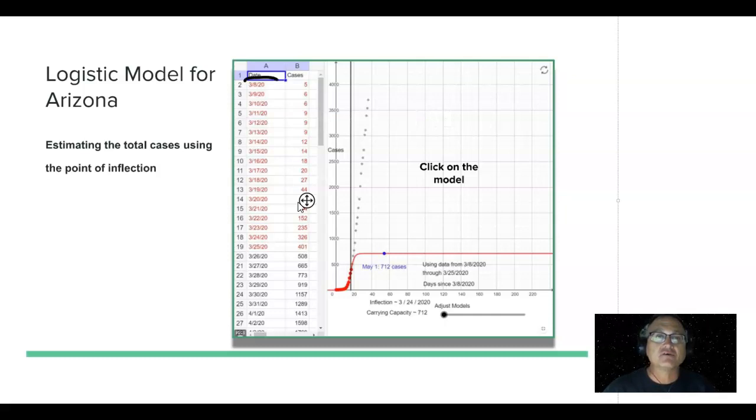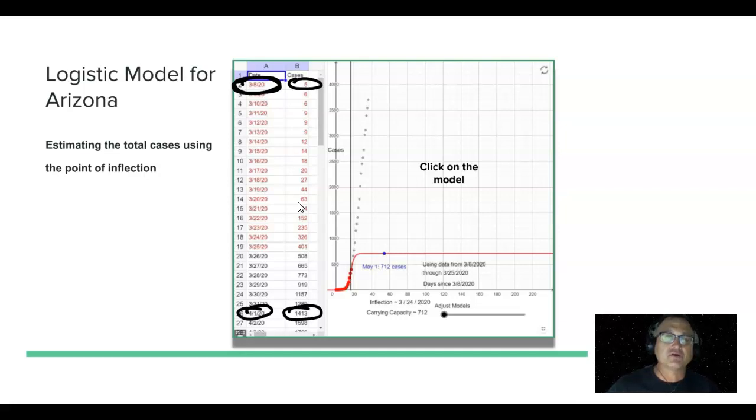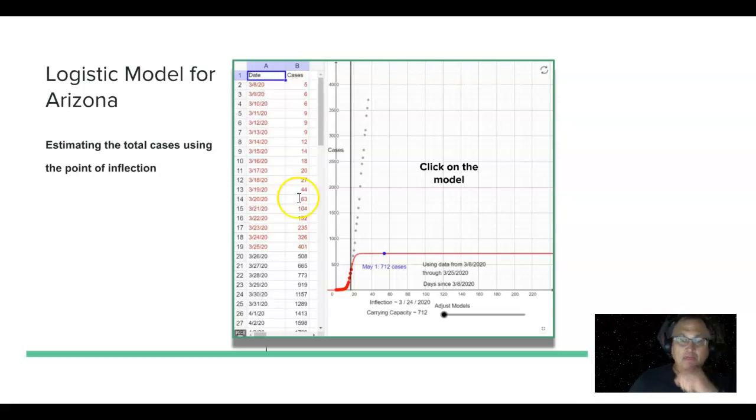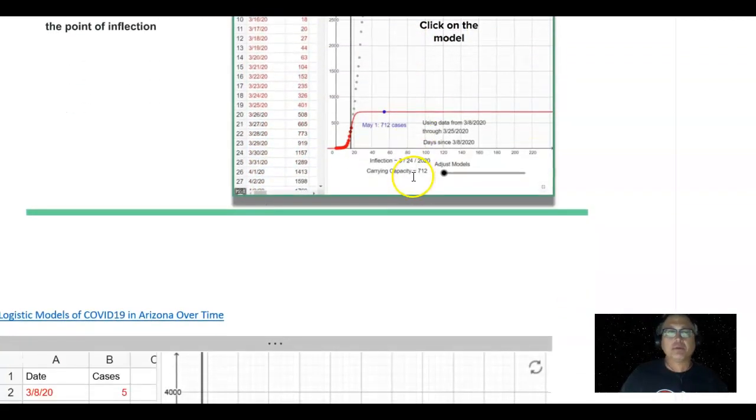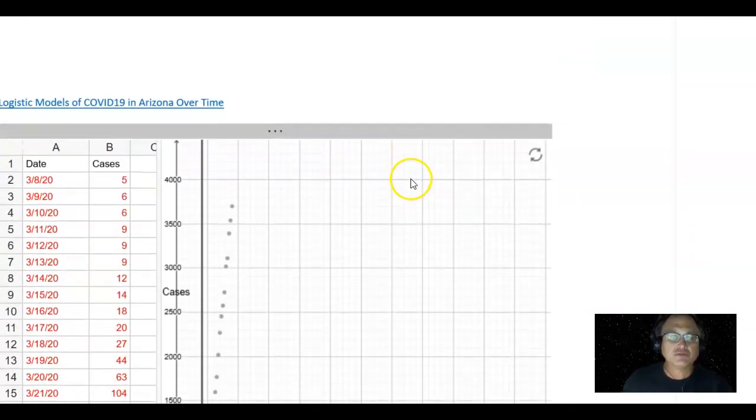These values here: on the 8th of March, 5 cases. On April the 1st, 1,400 cases. This data is based on the numbers I got from the Arizona Department of Health on their website. All right, so click on this model and it'll open up the model on GeoGebra.